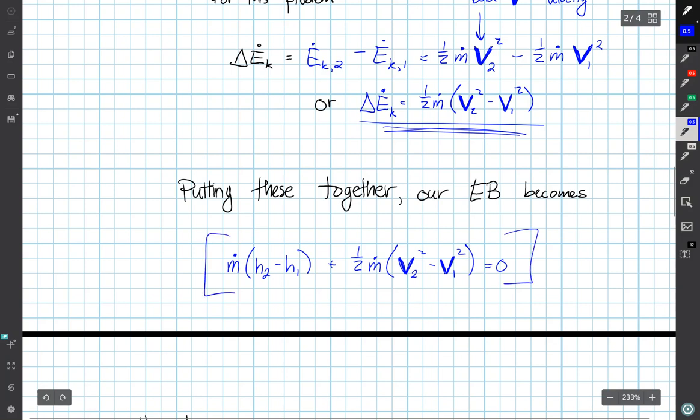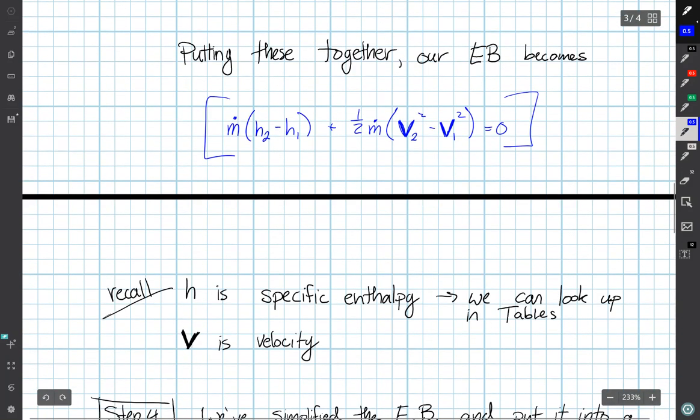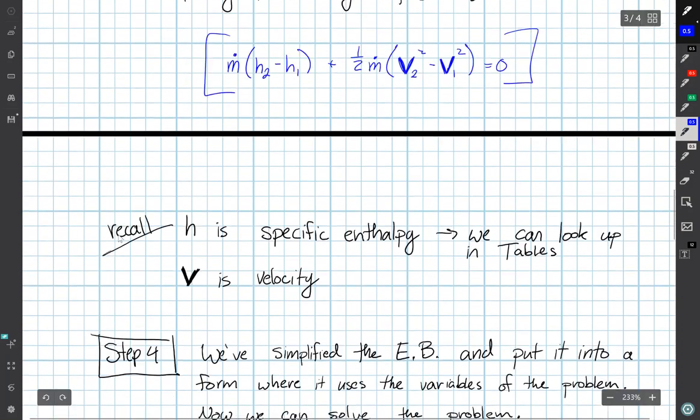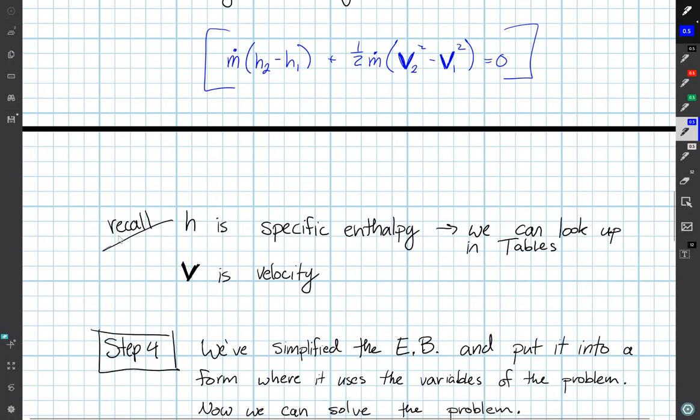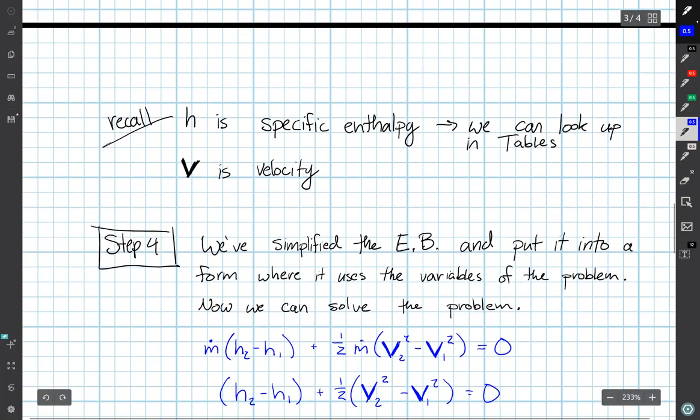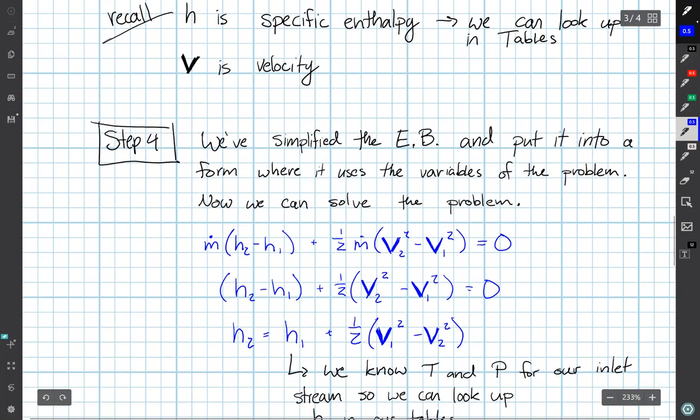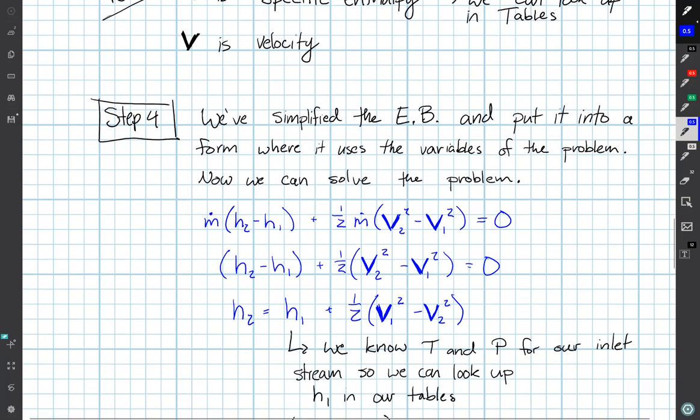So that is our energy balance now written out in terms of this specific problem. Right, so H is specific enthalpy, so we can look that up in tables, and this bolded V is velocity. So we've simplified it into the different things that we can put into tables.